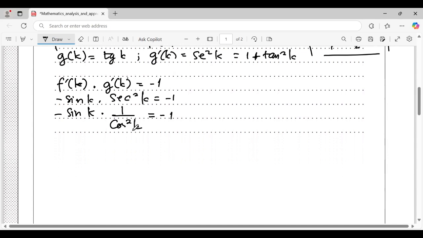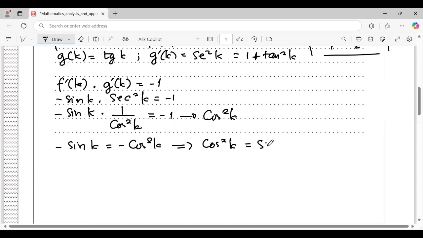Multiplying by cosine squared k, it becomes minus sine k equals minus cosine squared k, divided by minus 1, so cosine squared k equals sine k. This is the second equation.